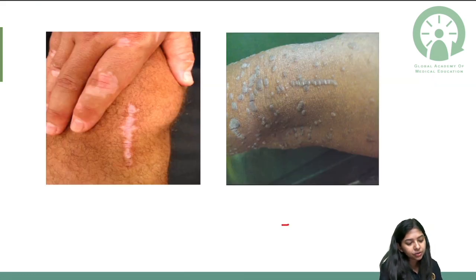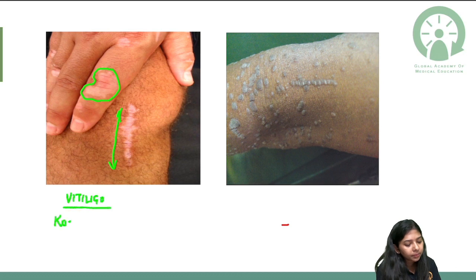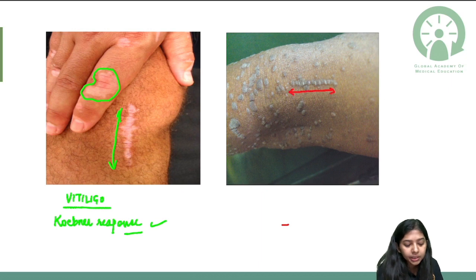So see, this is a patient who has vitiligo, right? You can see depigmented patches, and you can see a linear lesion here, possibly because of trauma. And this is a vitiligo patient with Koebner response, okay? What is happening here? You're getting a string of linear lesions, right?